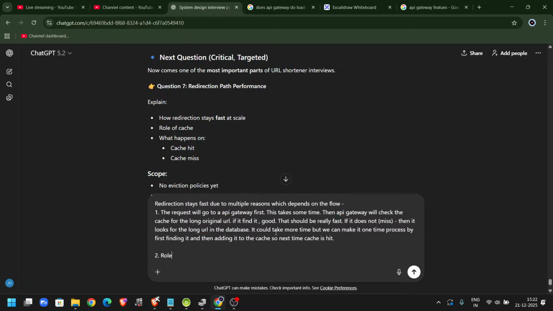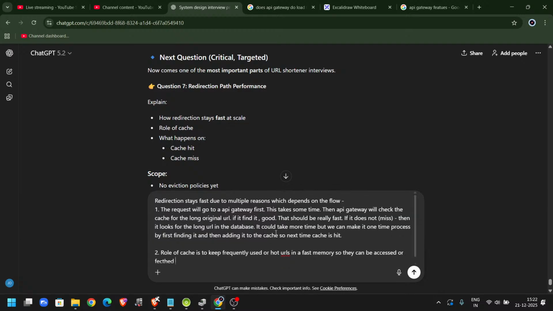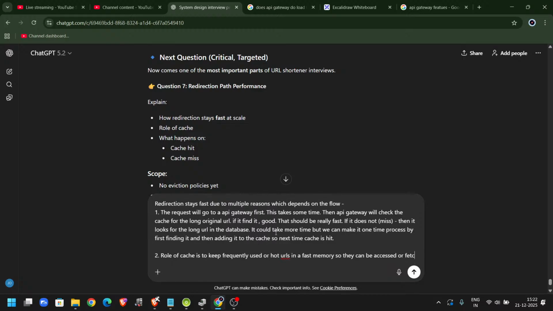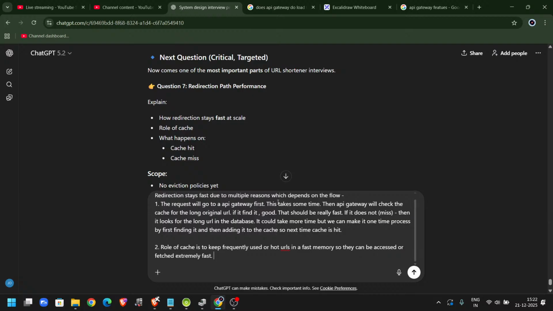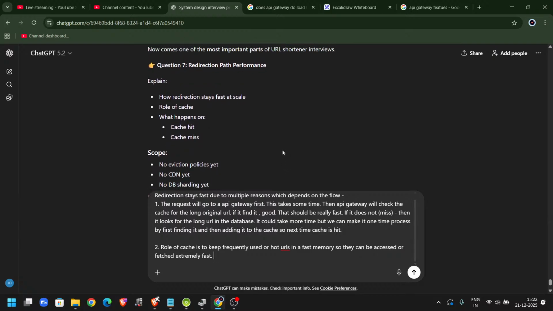The second role of the cache is to keep frequently used or hot URLs in fast memory so they can be fetched extremely fast. That's it.